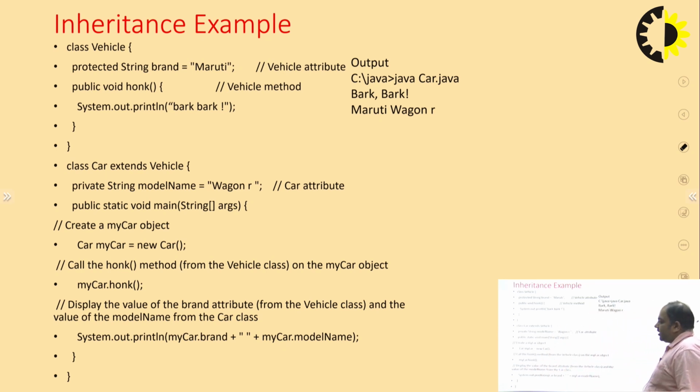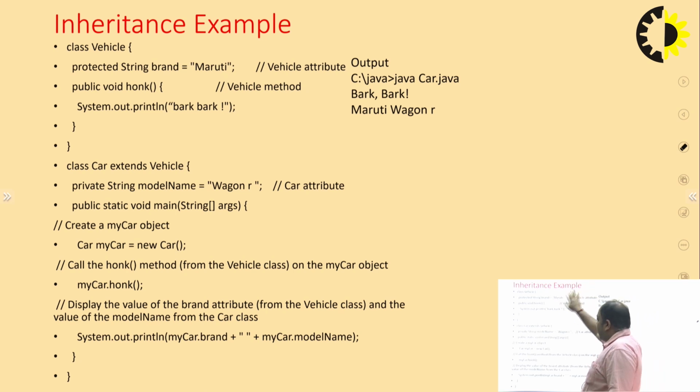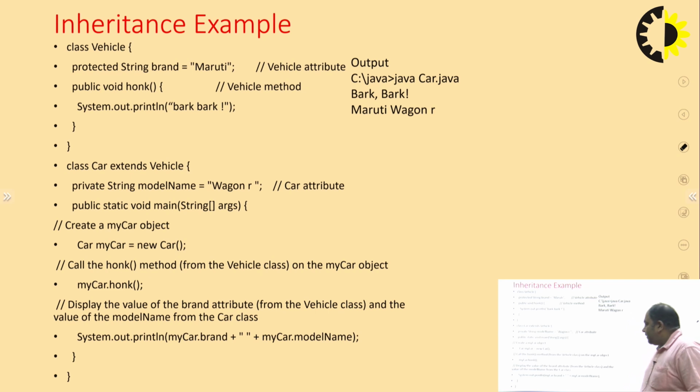And when we take a printout, it is bark bark and Maruti WagonR. So the honk is bark bark, and for which model? For the brand of Maruti, and model name is WagonR. System.out.print car brand plus car model name. Okay, so it is in this way we have shown an inheritance.